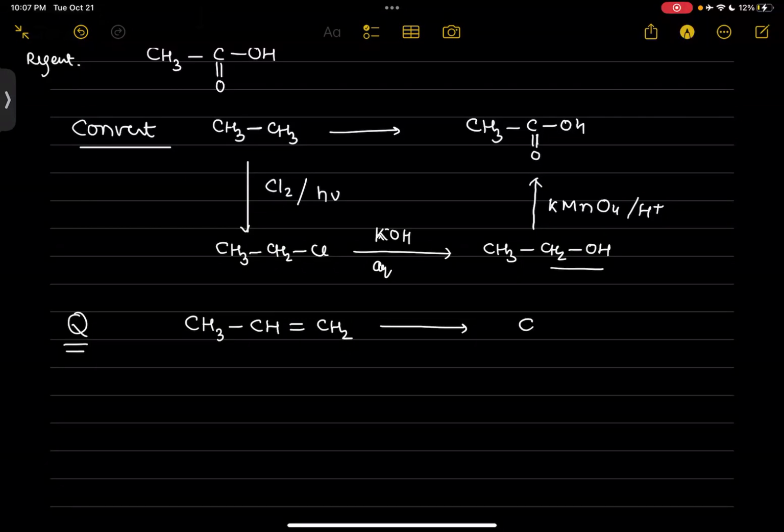And can you convert it to propanoic acid? Very, very important. And this is the right time to do such questions because they will revise your alcohol chapter and carboxylic acids. Both the chapters will be revised. Got it?